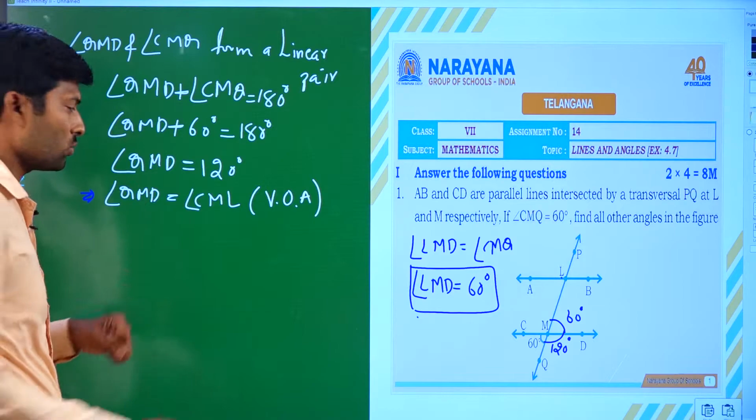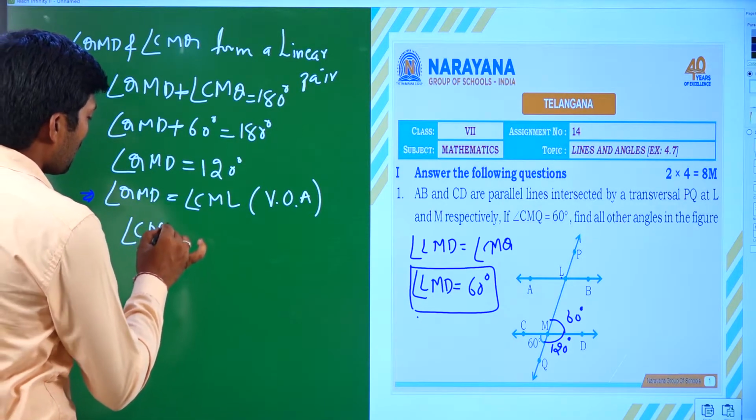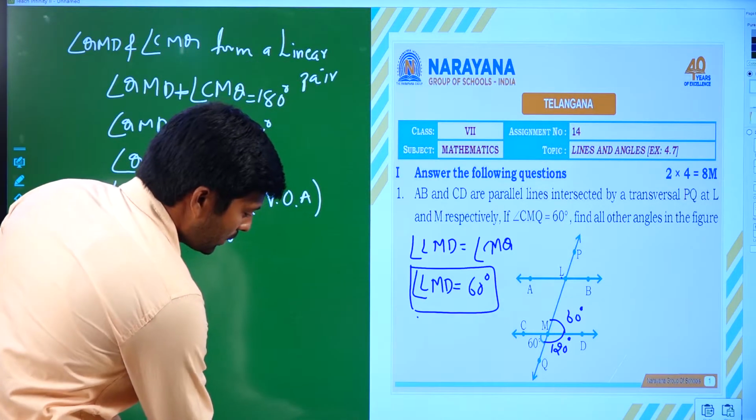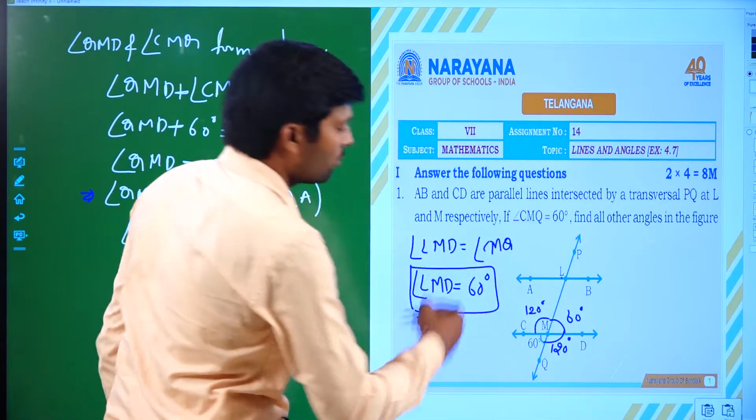So what is angle QMD? That is 120 degrees, so angle CML can be written as 120 degrees. So this is also 120 degrees.